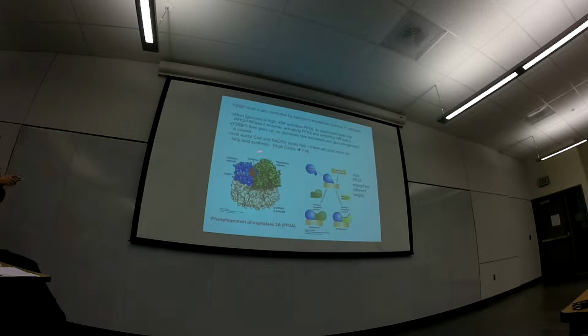Acetyl-CoA is the precursor for fatty acid synthesis, as we'll learn next week. NADPH is the reductant for fatty acid synthesis, as we'll also learn next week. So what this essentially is doing is providing a dietary, nutritional link between eating a lot of high carbs and having the carbs be convertible into fat.